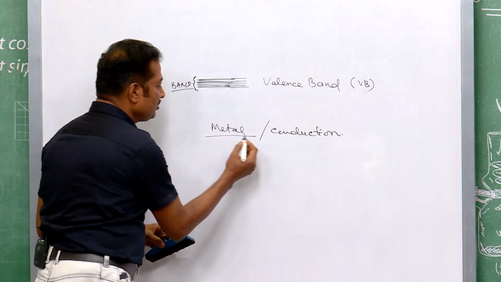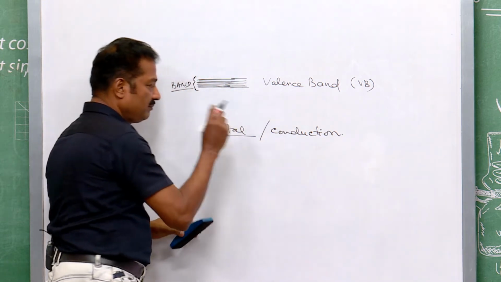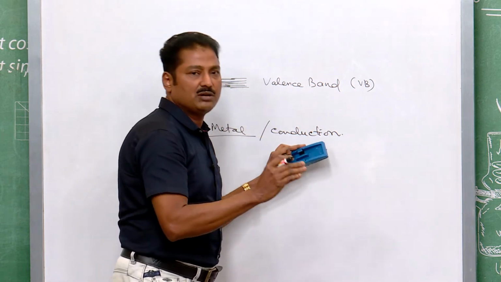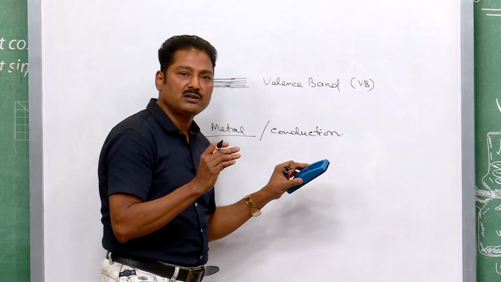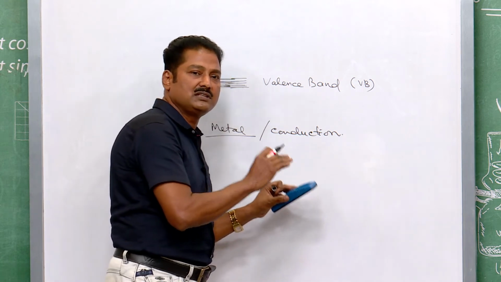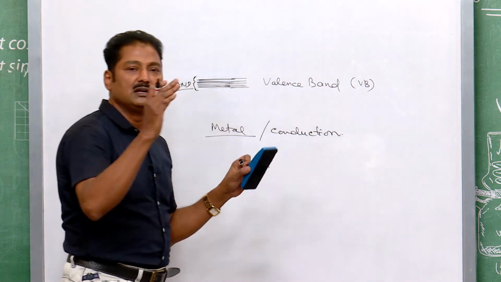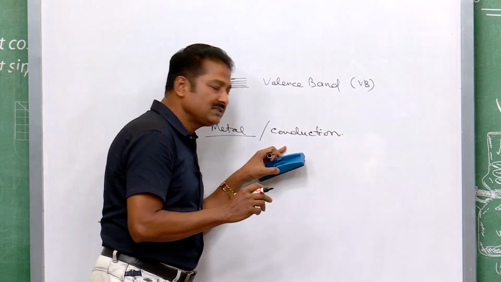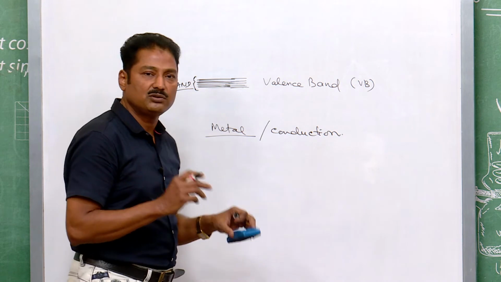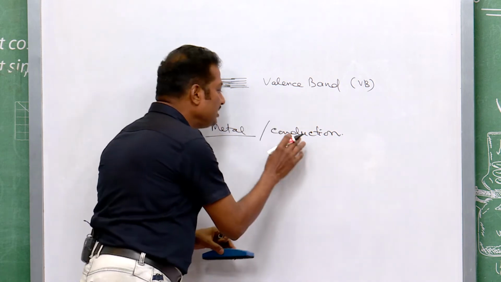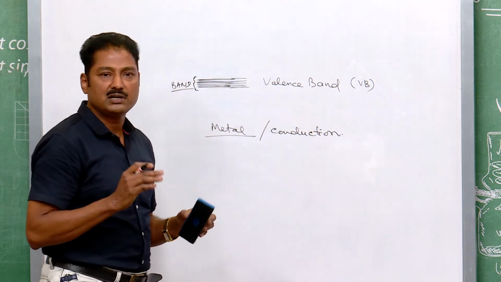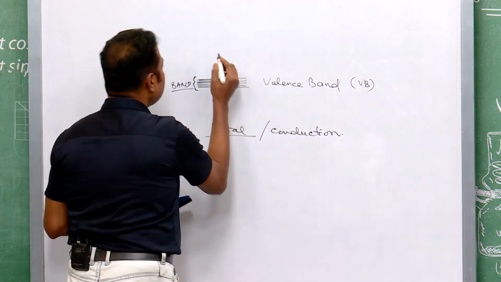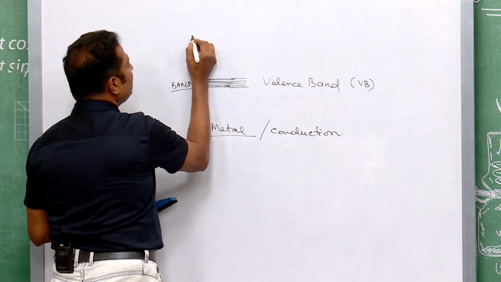Anyway, my point is that when the valence electron gets some energy, even at room temperature, this heat is sufficient to detach the valence electron in a metal, and now the metal gets some conducting electrons. So, metal can conduct. Now, these conduction electrons will certainly have more energy than the valence electrons.